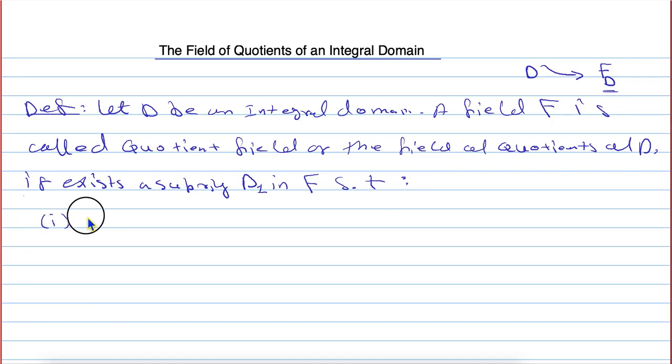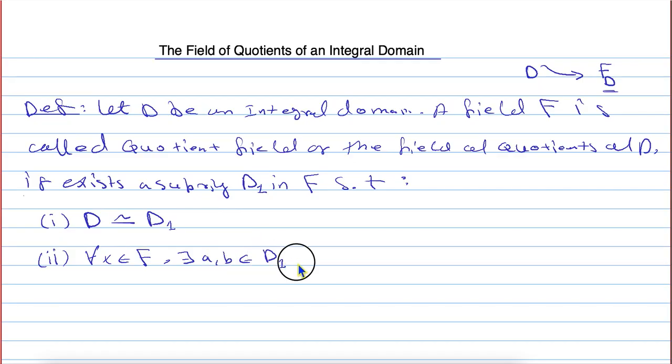First, the integral domain D must be isomorphic to this subring D1, and second, we can express the elements of the field F in terms of D1. That is, for any x in F there exist elements A and B in D1, and B is non-zero, such that x equals A B inverse.